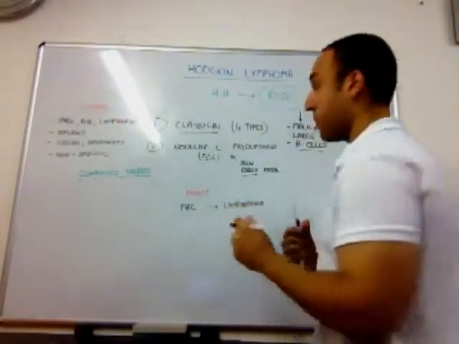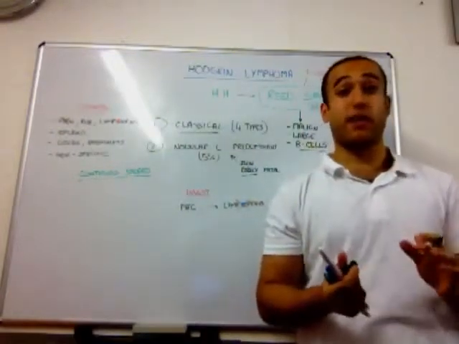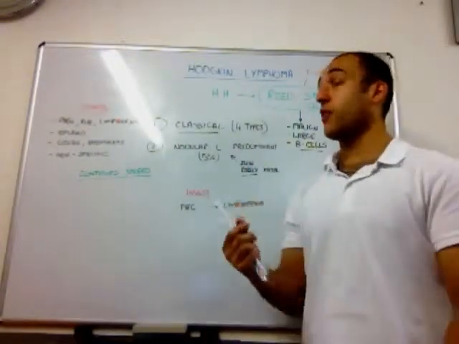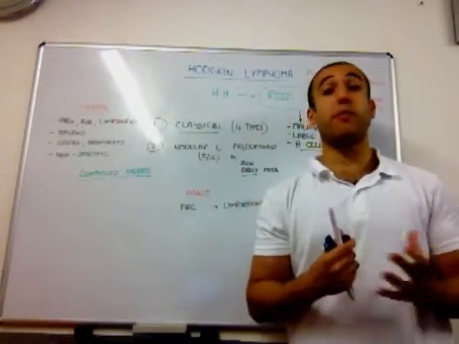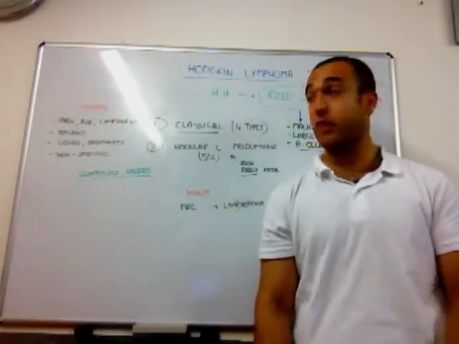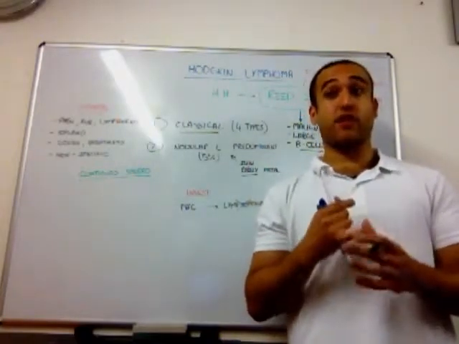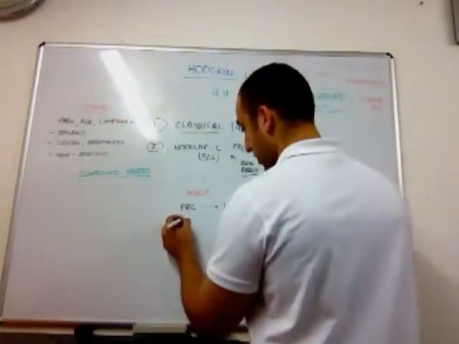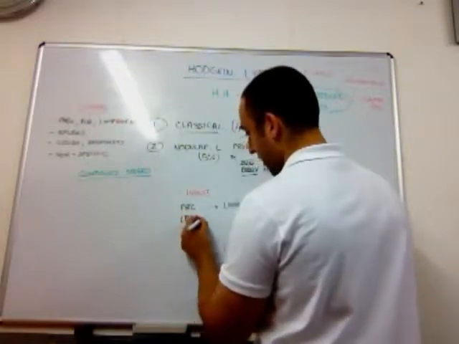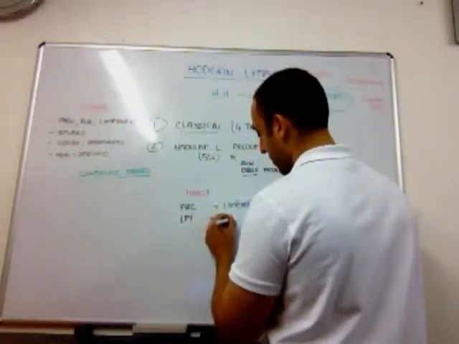So we don't want lymphopenia. It's possible that the ESR, the erythrocyte sedimentation rate, may be increased because of the inflammation. If the disease has spread to the liver, then liver function tests might be important.